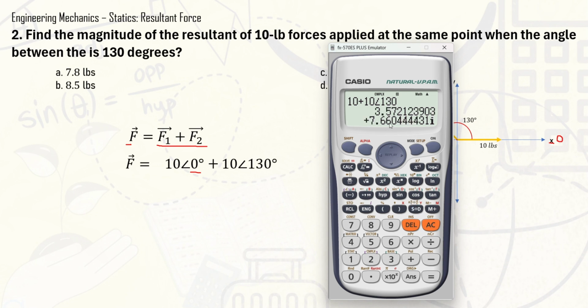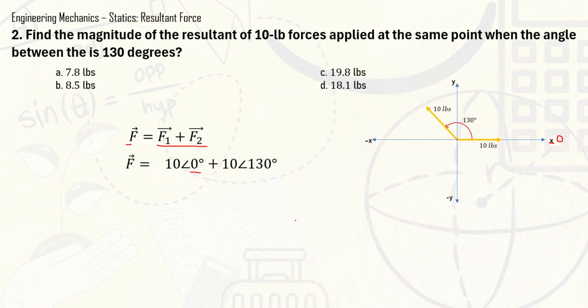Nasa rectangular form siya, so let's convert it into polar form. 3 equals, and ang maging sagot natin is 8.45 angle 65. There you go. And ang tinatanong naman dito sa problem natin is the magnitude of the resultant. So, ang kukunin lang natin is this one.